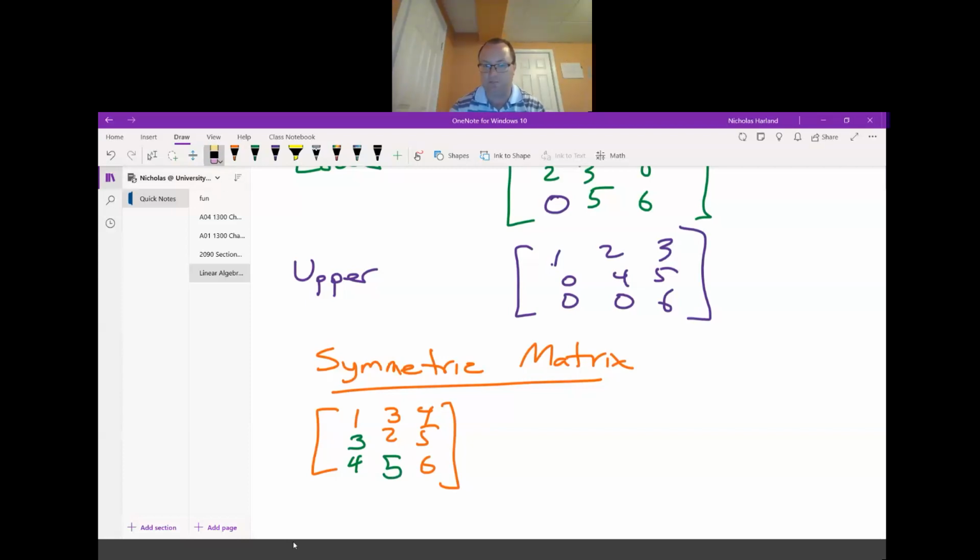In other words, the ij entry has to be equal to the ji entry. Now again, on the main diagonal, anything can happen. There's no corresponding matching entry on the main diagonal, but if you're off the main diagonal, they have to come in pairs. What you get for the 3s here, the 4s, and the 5s as well. So that's what a symmetric matrix is.